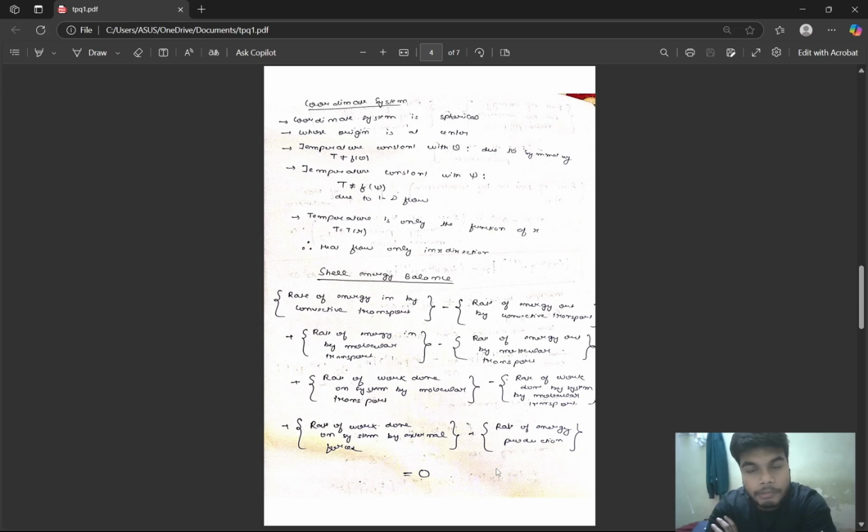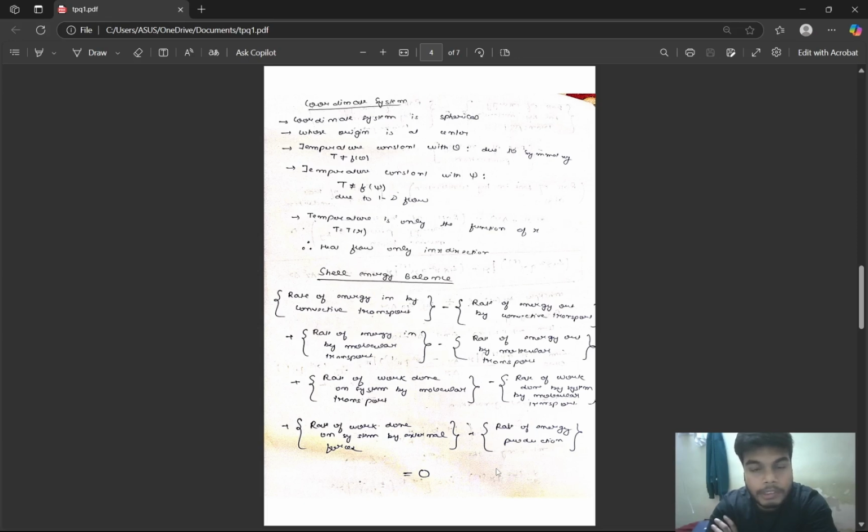Temperature is constant with theta due to symmetry. Second, temperature is constant with phi because of one-dimensional flow. Temperature is only a function of r. The terms theta and phi are not related to temperature, only the radius varies with temperature. Therefore, heat flows only in the r direction.